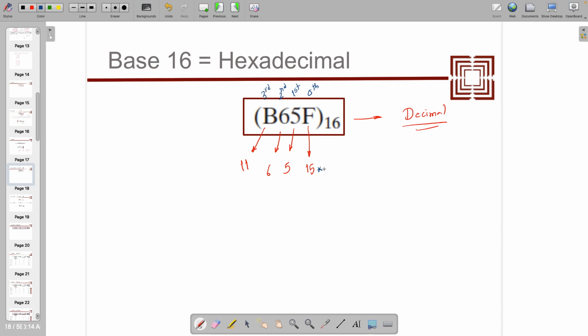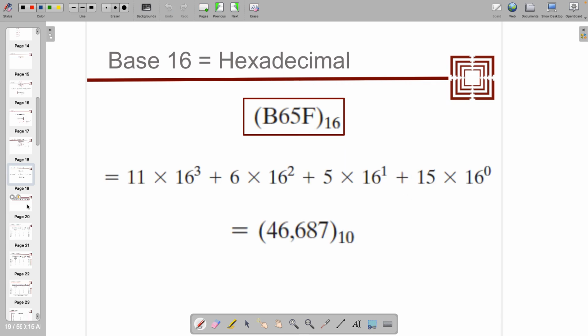So 15 times 16 raised to 0 plus 5 times 16 raised to 1 plus 6 times 16 raised to 2 plus 11 times 16 raised to 3. You just keep all these things, and you will get the number in decimal. The solution is already available, you use it.